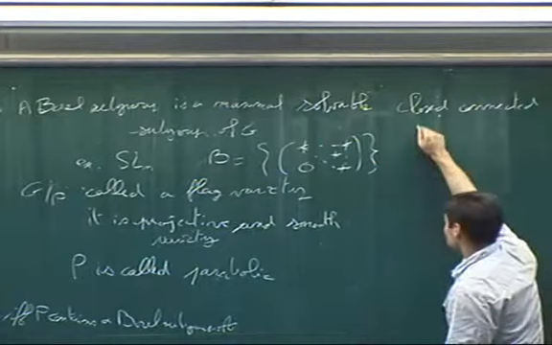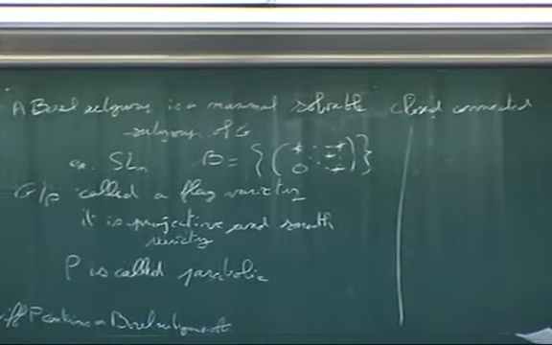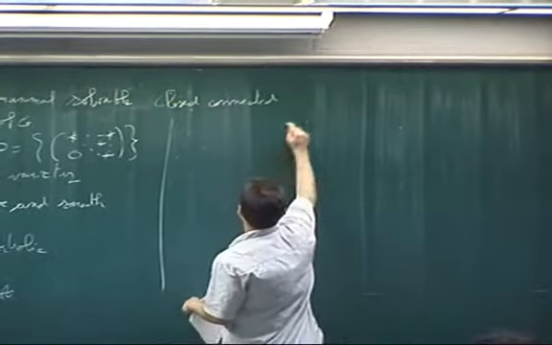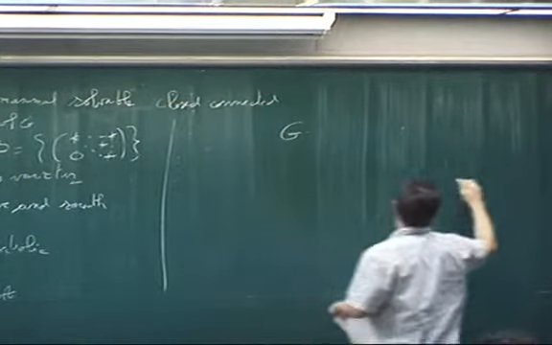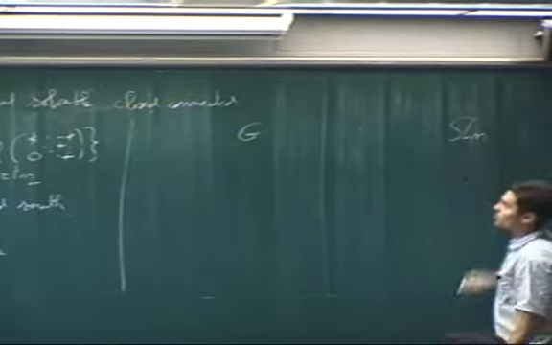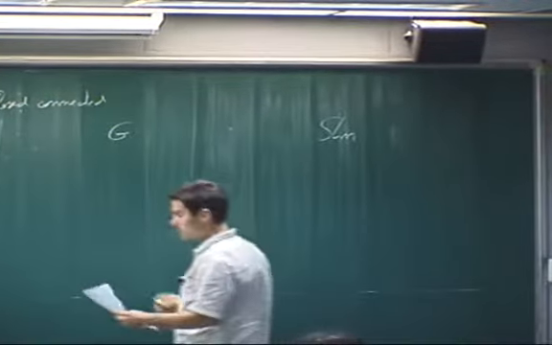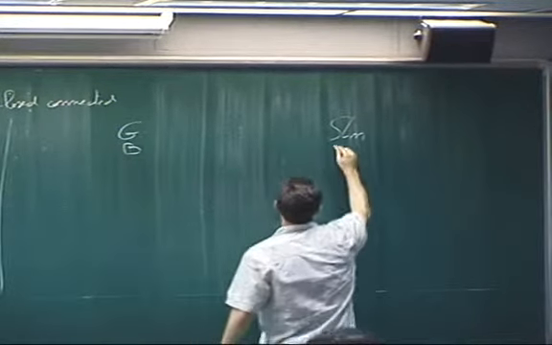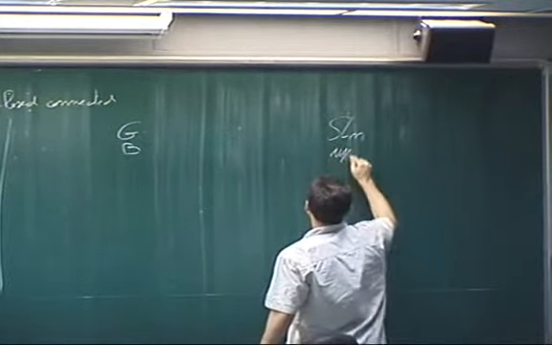That's why I wanted to explain it in some detail. So I take a group G, and at the same time I will do the example of SLN. We've seen we can choose Borel the upper triangular matrices.